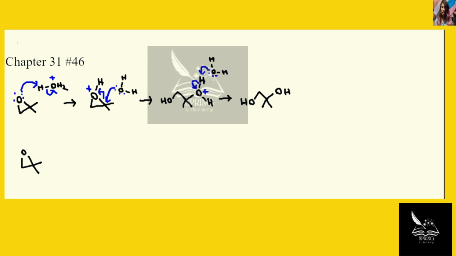And I'm actually going to draw it protonated. We don't need to redraw the protonation mechanism. The mechanism is drawn immediately above, so we can take for granted that it happens exactly the same way. So that's where we're starting from on this second line.